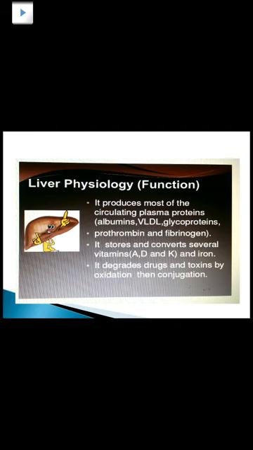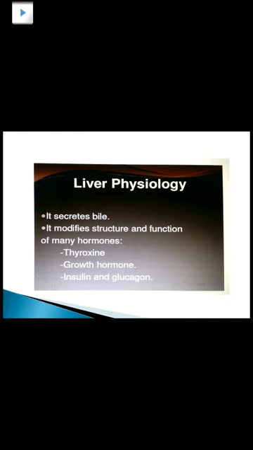Say for example, any bleeding tendencies are also linked to the liver because of its relation to the synthesis of prothrombin and the fibrinogens. It secretes bile, and it modifies the structure and function of many hormones like thyroxine, growth hormone, insulin, glucagon.